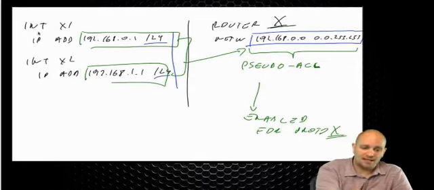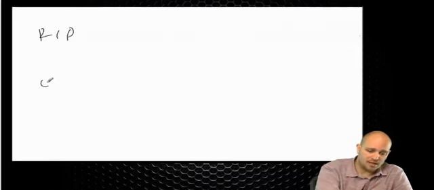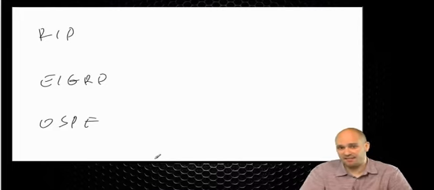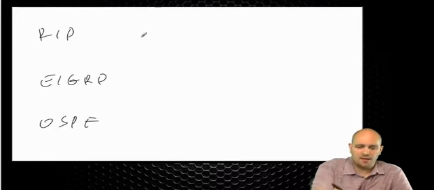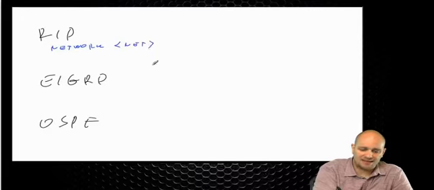Now, that said, all three protocols that you care about, RIP, EIGRP, and OSPF, have a different syntax for the network statement. Now, for RIP, the syntax is network, and then you enter the net. Now, the net here is a classful network.